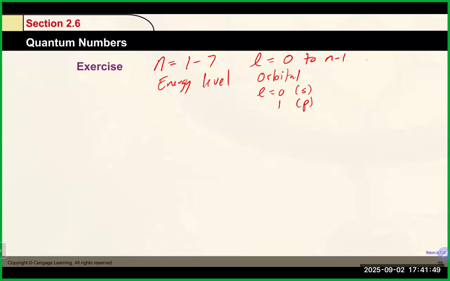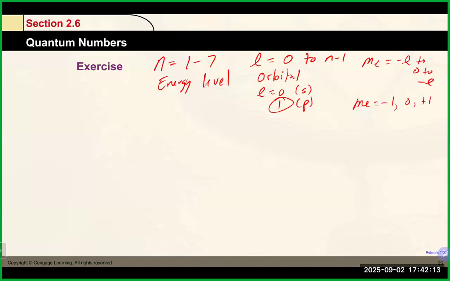We have the magnetic quantum number, m sub l, which has values from minus l to 0 to plus l. For example, if l equals 1, which represents p orbitals, the m sub l values would be minus 1, 0, and plus 1.